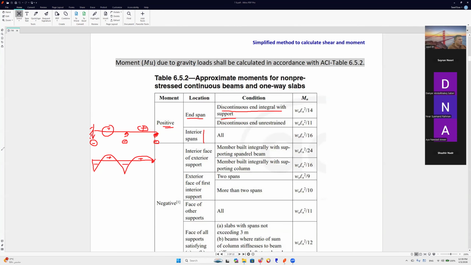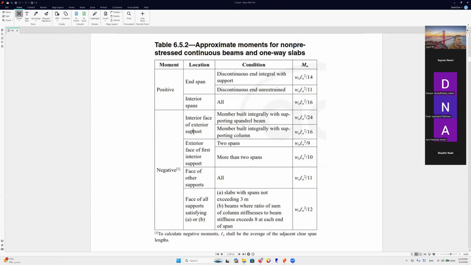And here we have the negative one. We have the negative at the interior face of the exterior support. We have WL squared over 24; for a member built integrally with the support column, WL squared over 16. If we have the exterior face of the first interior support: with 2 spans, WL squared over 9; if we have more than 2 spans, it will be WL squared over 10.